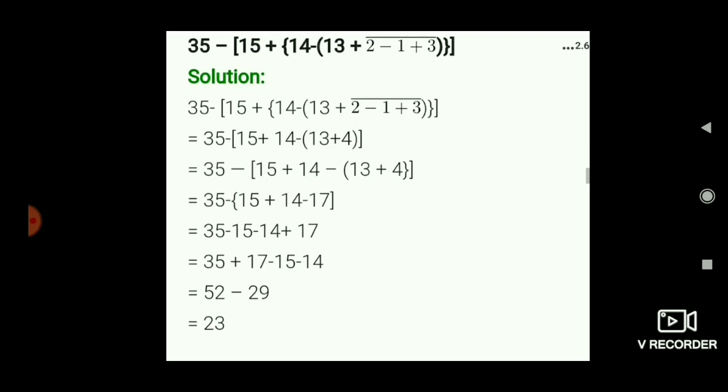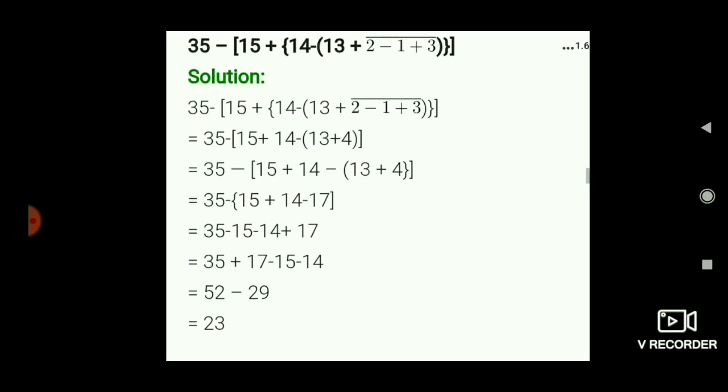So in the fourth step, 35 minus in bracket 15 plus 14 minus 17. We can open the bracket, so it can be written as 35 minus of 15, on multiplying minus and plus of 14, we will have minus of 14, and on multiplying minus 1 and minus of 17, we will have plus of 17.